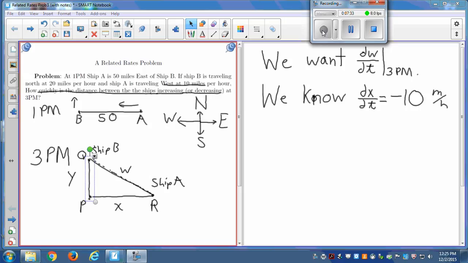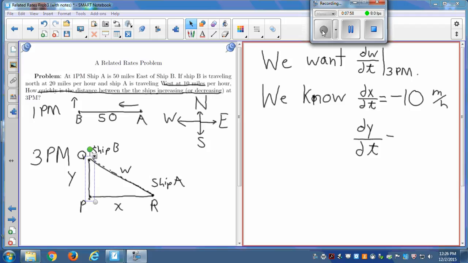Now the length of that line y, since ship B is traveling north at 20 miles per hour, notice that line's getting longer. We know that dy/dt is going to be equal to 20 miles per hour.